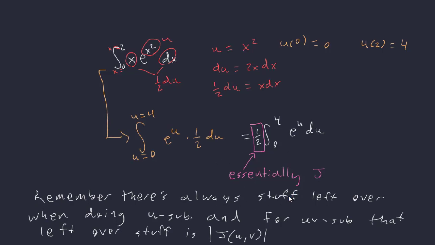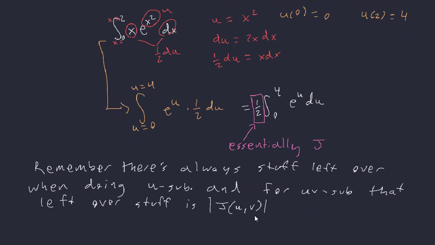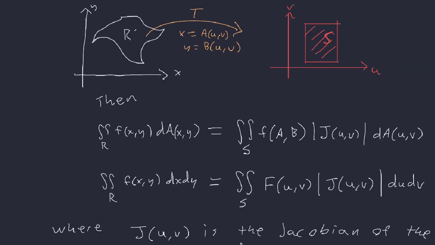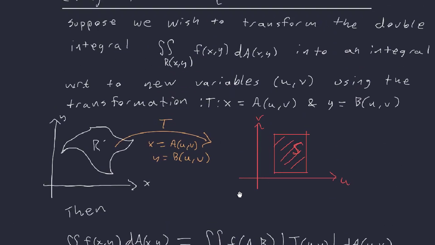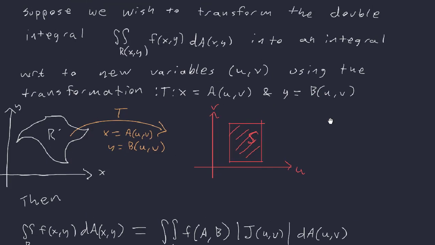In fact, to show you what I mean, if we look back again at this last slide we had, where was it? Here it is. Our transformation was an x in terms of u and v and a y in terms of u and v, instead of the other way around, how we usually do it with u equals something.